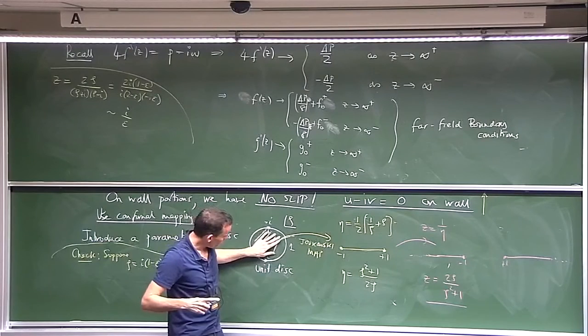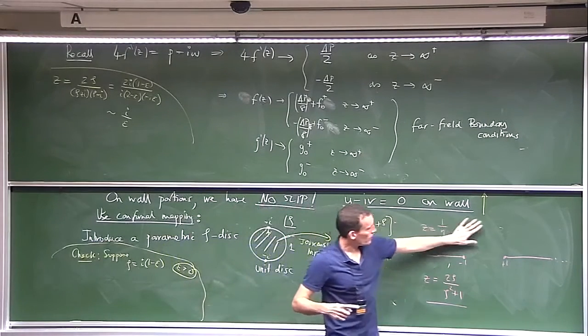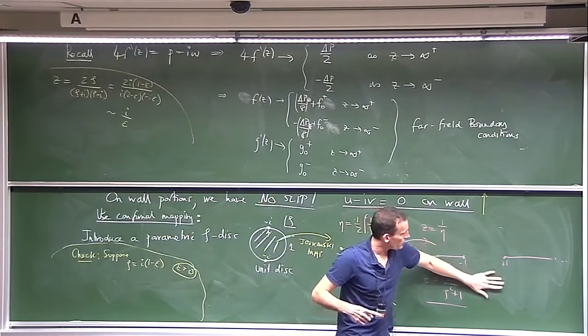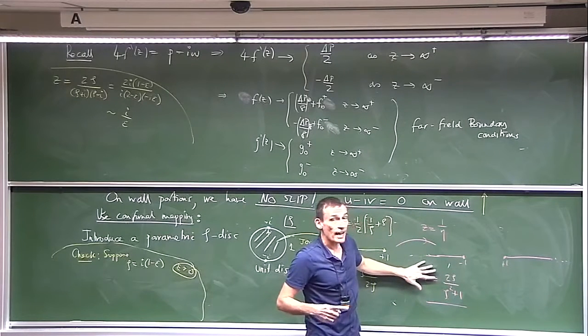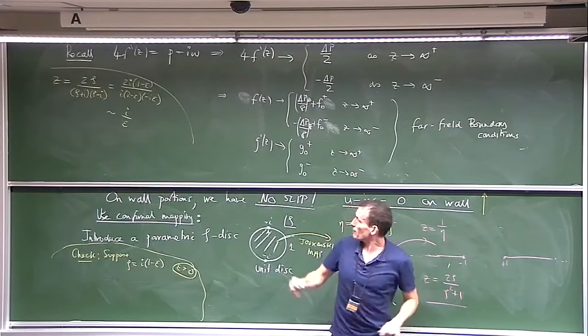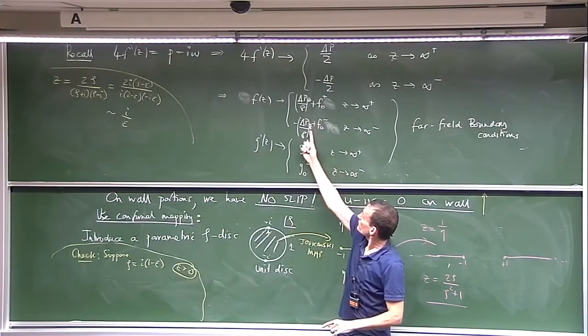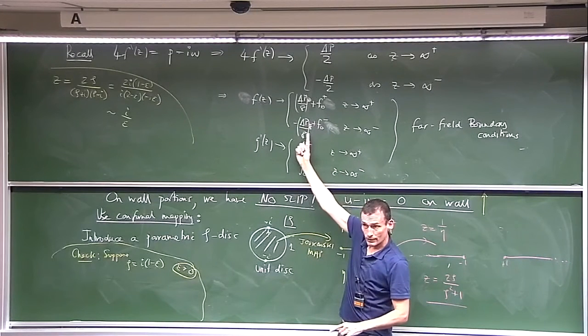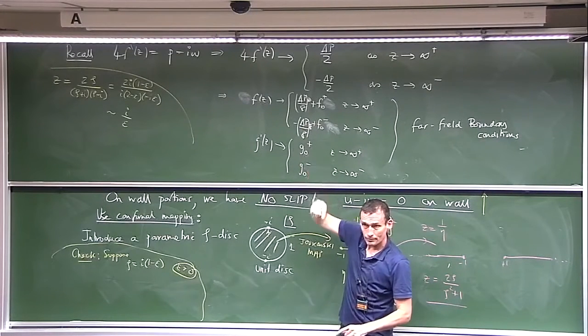So every point in here is analytically mapped to these points. And then f, we know, is also analytic. Little f of z is analytic in here, except for simple pole singularities at plus and minus infinity. Want to see?